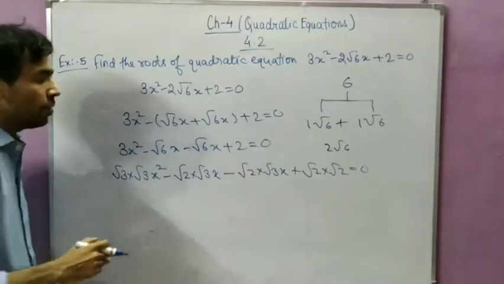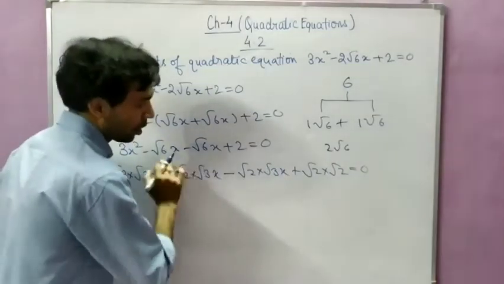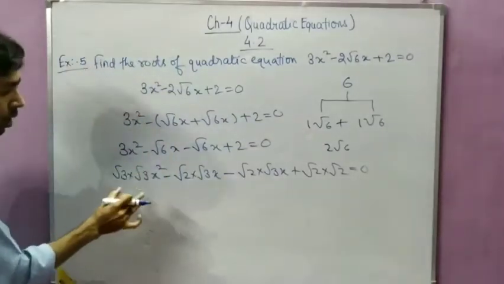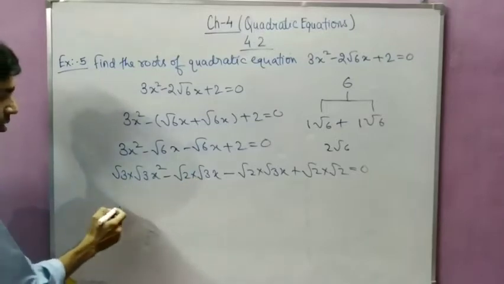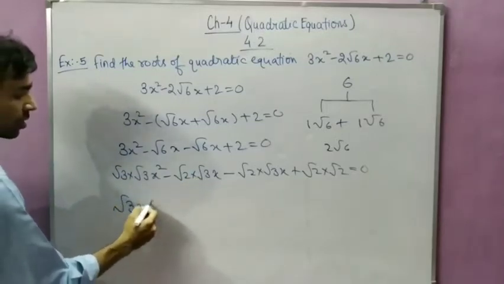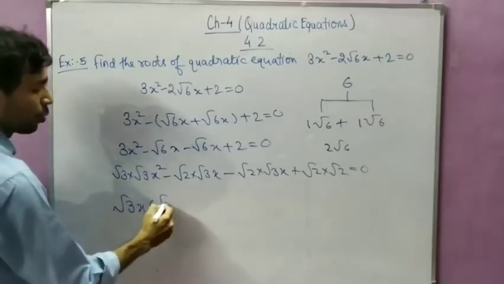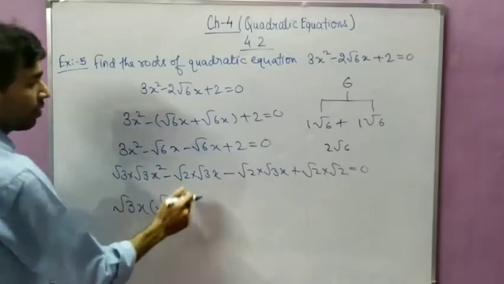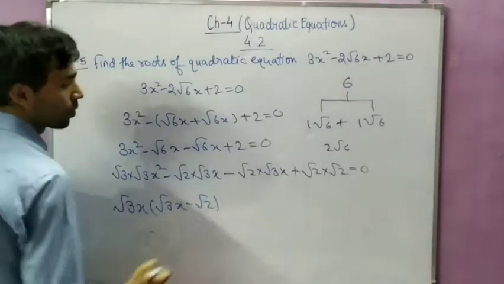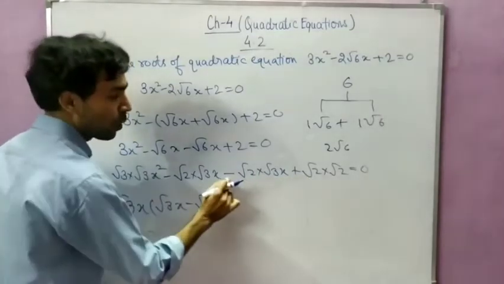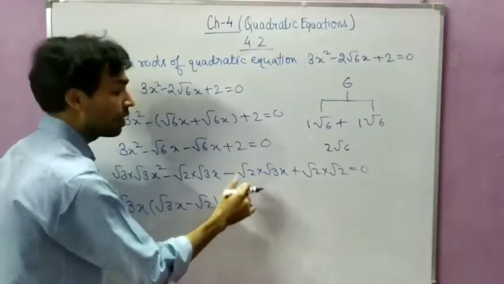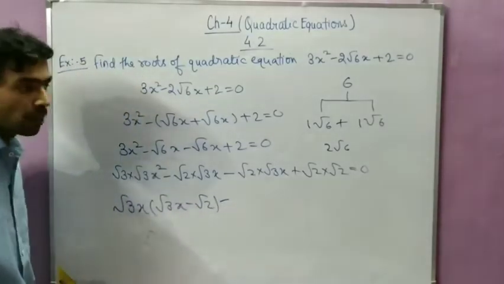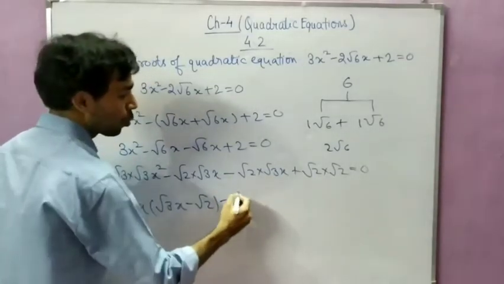For making common, I have written this expression like this. Now between these two terms, what is common? Root 3 and x. So common is root 3x. So what will be left here? Root 3x, and here will be minus root 2. Same we will do for this, because between these two, the sign of the first term is negative, so we take negative as common. And between these two terms, root 2 is common.